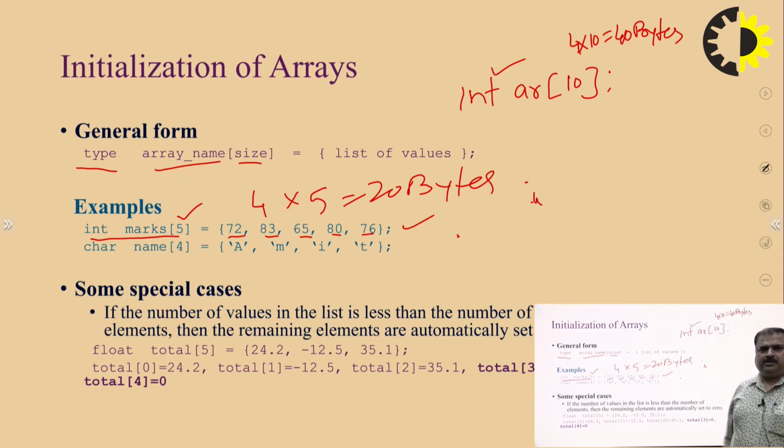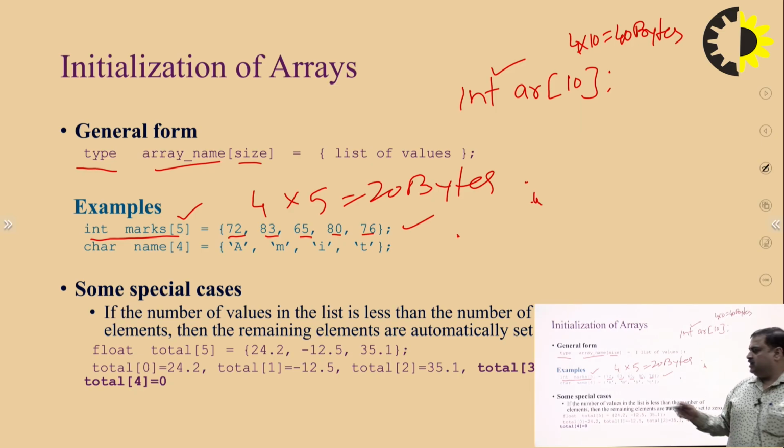This will be stored in memory, but the values are not available, so there will be random or garbage values as elements. But here we have also supplied the values, so the array is created as well as initialized.